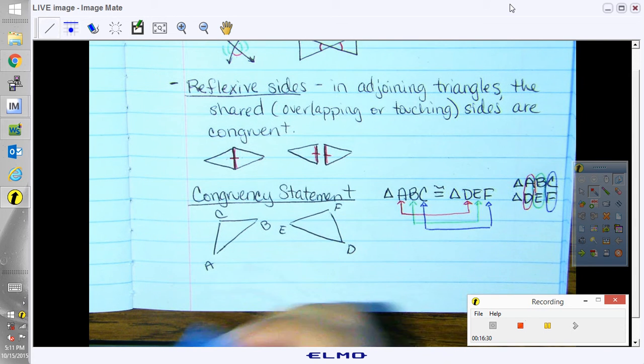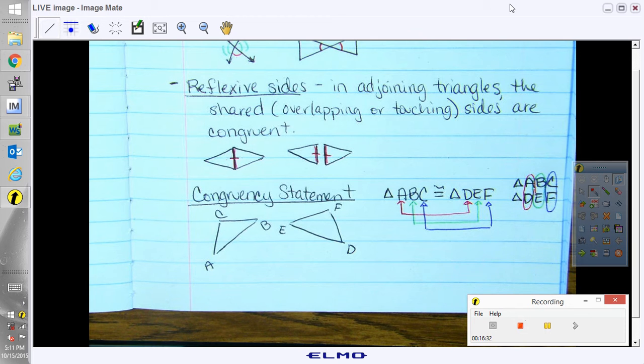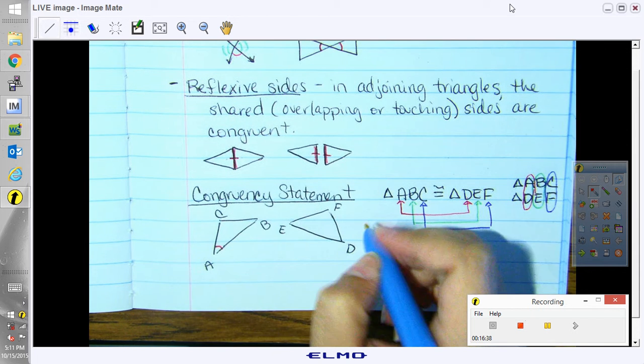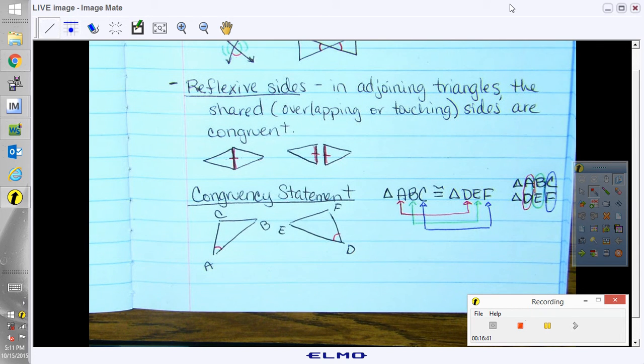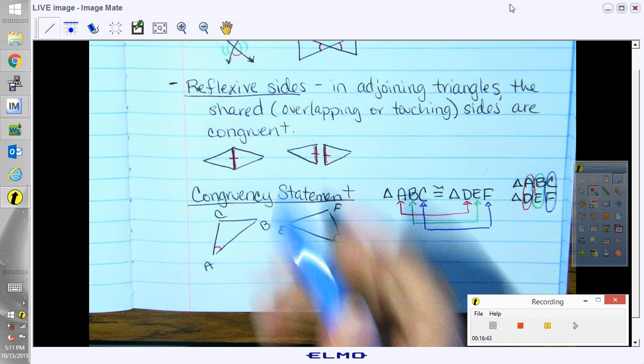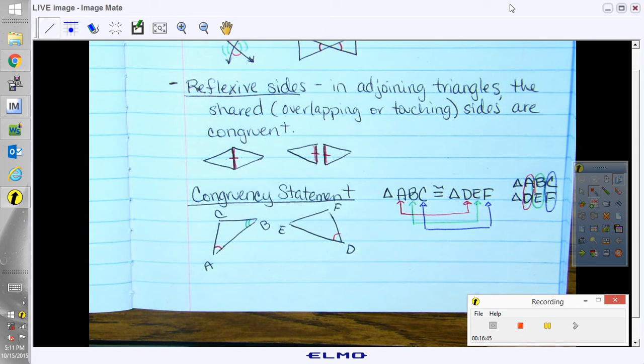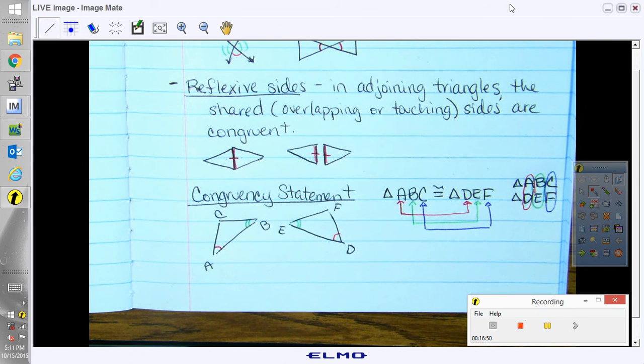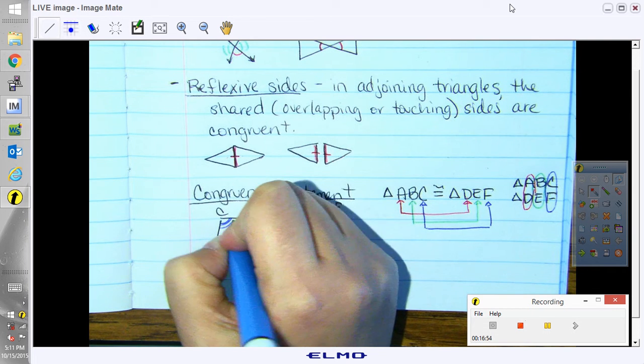So first, we want to say that angle A is congruent to angle D. Then angle B, so I'm going to put a double arc mark. B is congruent to E. And then last, we have C, triple, and F will go together.